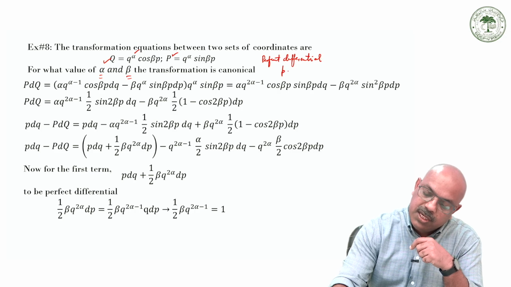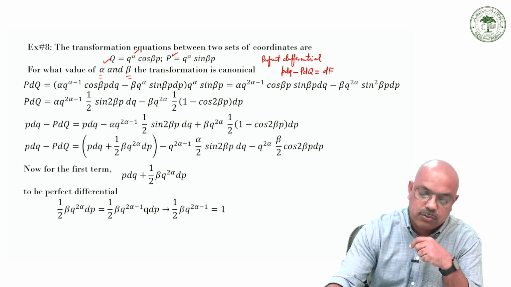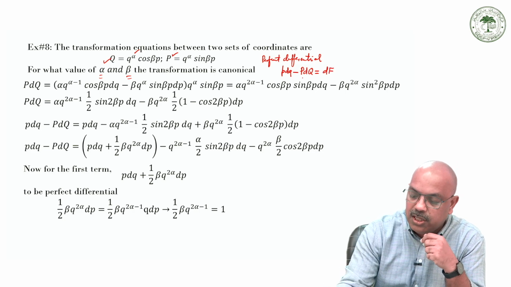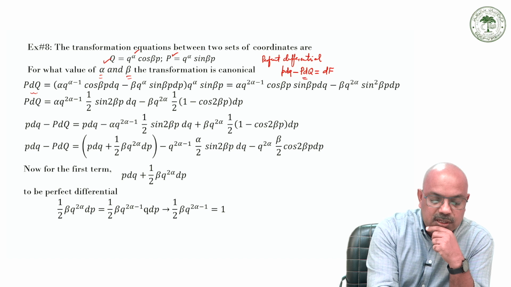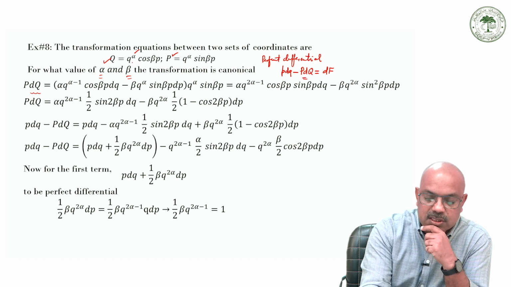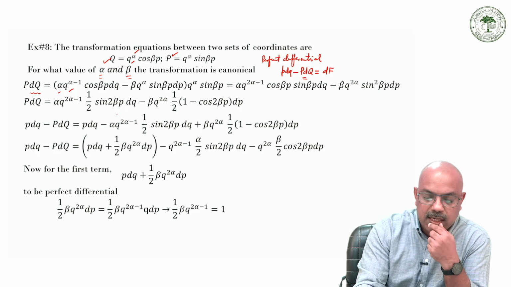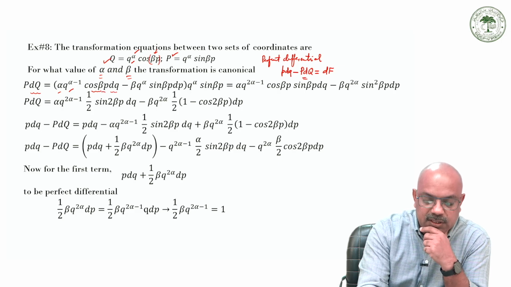Now what you need to do is apply the perfect differential, that is, p dq minus P dQ is going to be a perfect differential dF. The same way I'm going to calculate this P dQ. So dQ here, because this is q to the power alpha, depends on alpha q to the power alpha minus 1, and then it depends on beta. The cos beta p remains the same, that is the argument, and then I have dq.